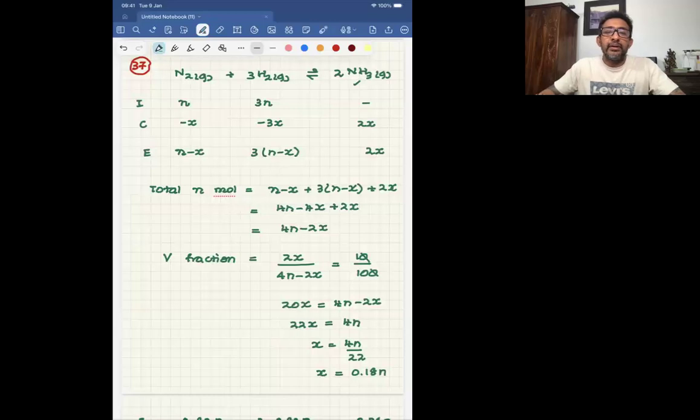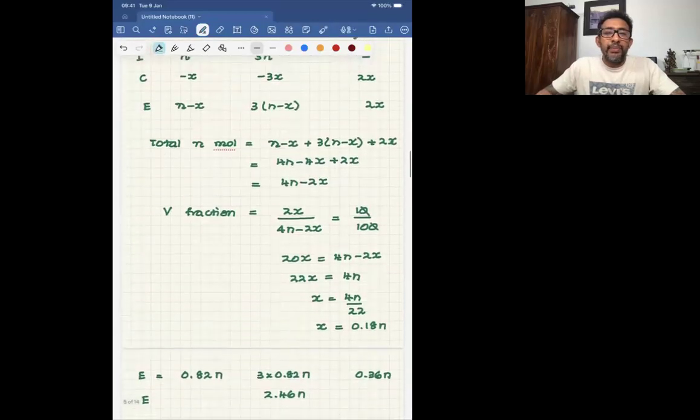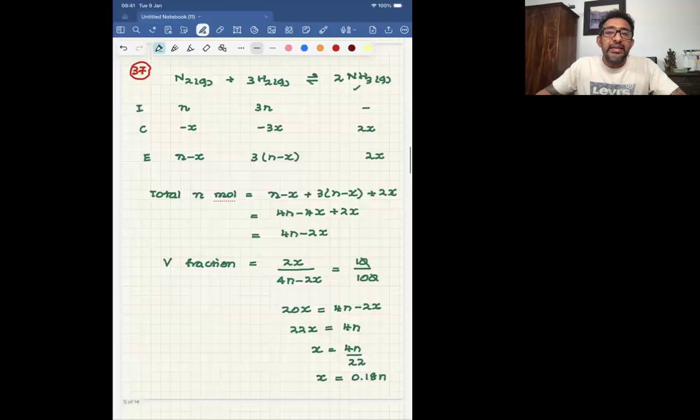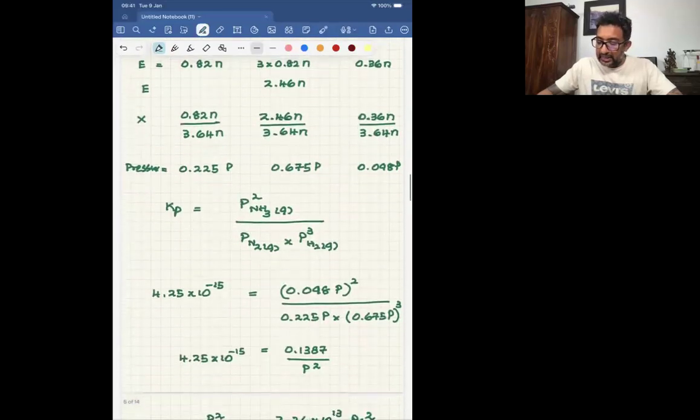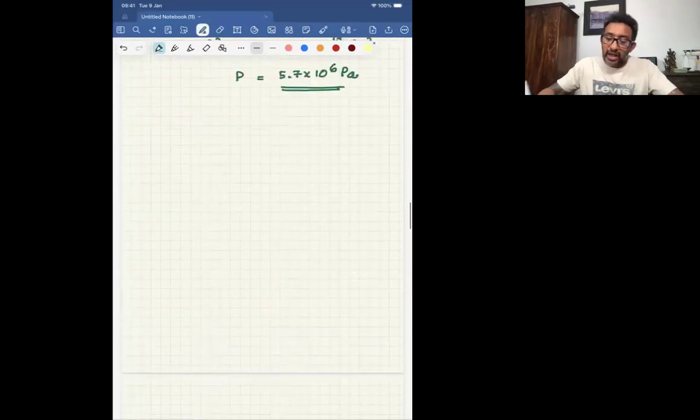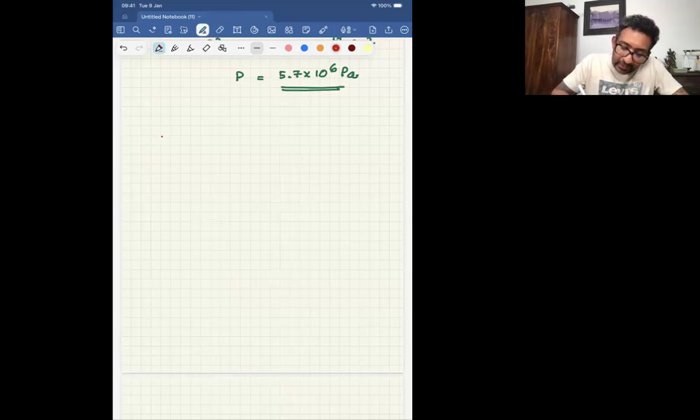Okay. So, we'll try an easy technique. When you have ammonia based questions, they are a little difficult because there are so many powers. So let me tell you an easy technique to do this. Nitrogen gas plus 3 hydrogen gas at equilibrium gives 2 ammonia.